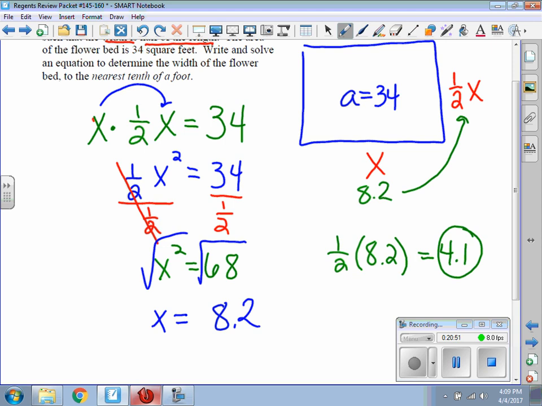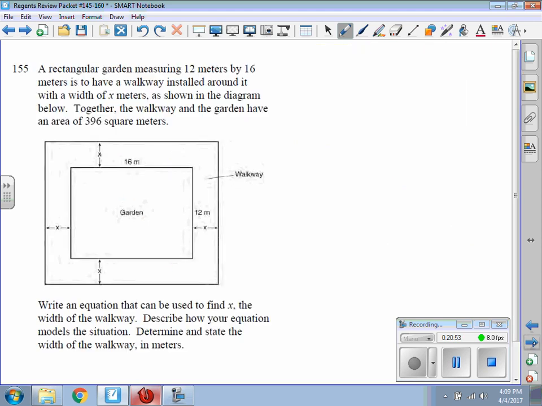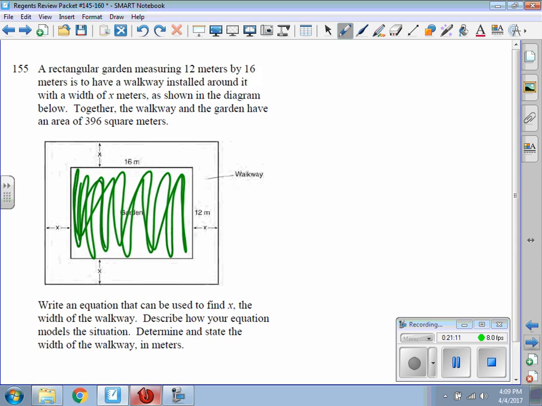155. A rectangular garden, and I already have a picture of a rectangle, measuring 12 meters by 16 meters, is to have a walkway installed around it with a width of x meters, as shown in the diagram below. So we've got our original garden. I'll put it in green right there. That's the original garden, and then they've put a walkway around it.